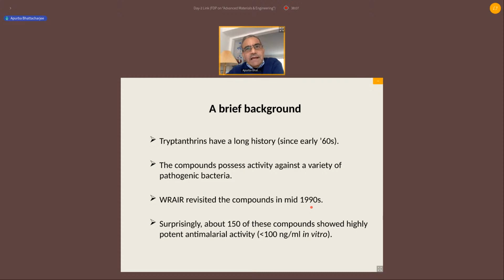They are so highly potent, less than 100 nanogram per ml, and not a single compound was known as an antimalarial with this kind of potency.